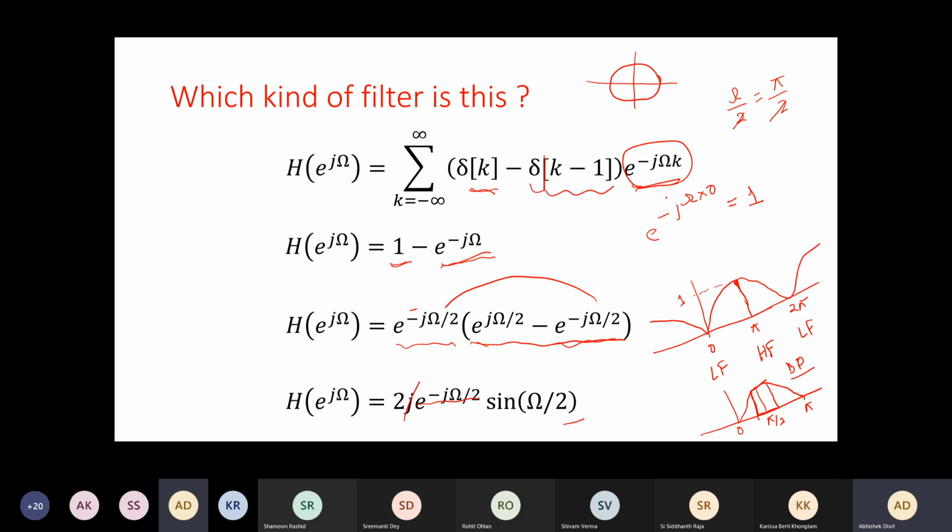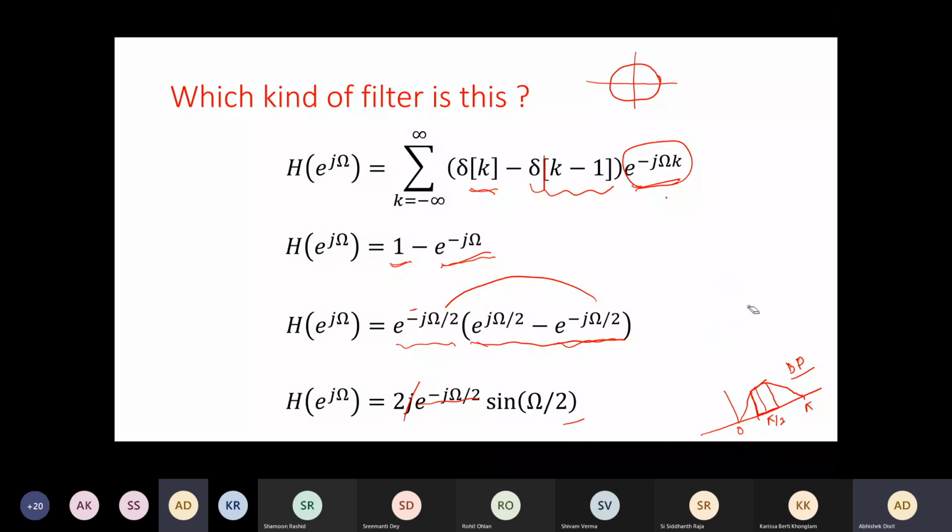I can draw the diagrams again if you have any confusion. See, you have a low pass filter which will look something like this. 0, pi, 2 pi. Okay, low pass filter.